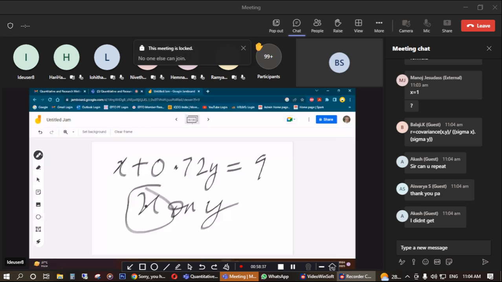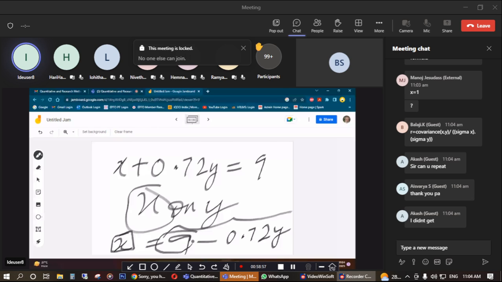So x is equal to 9 minus 0.72y. Understood? I am only keeping the x term here. All the constant terms and the y term, I am putting on the RHS.